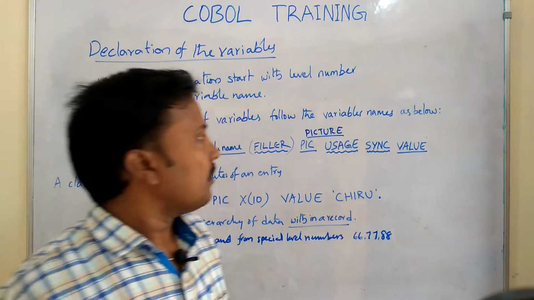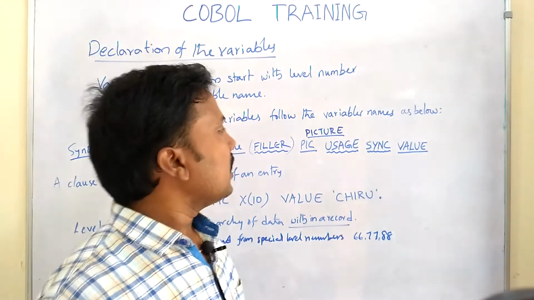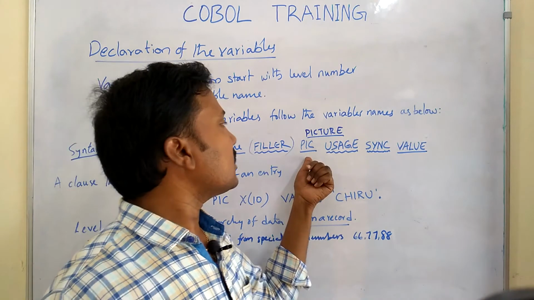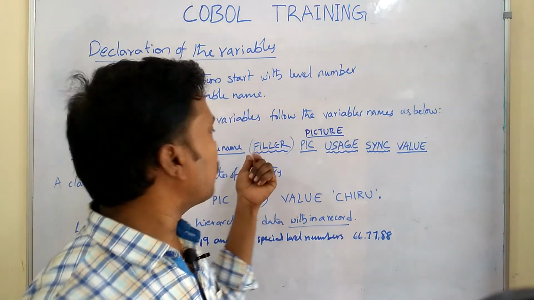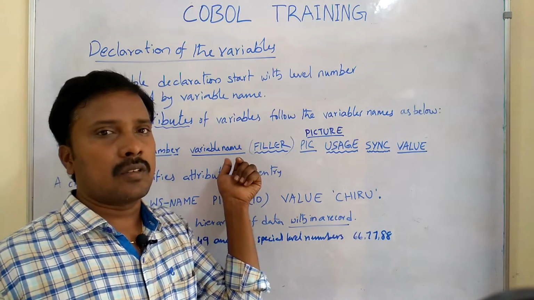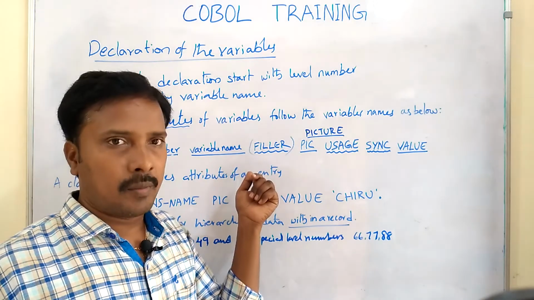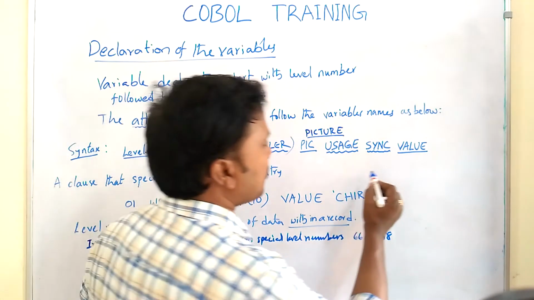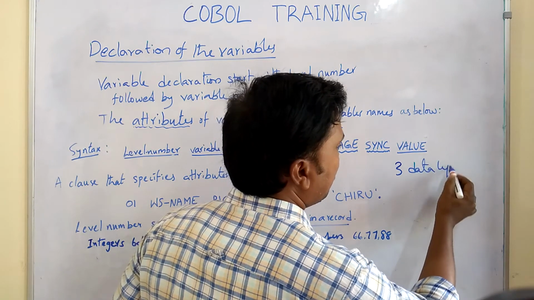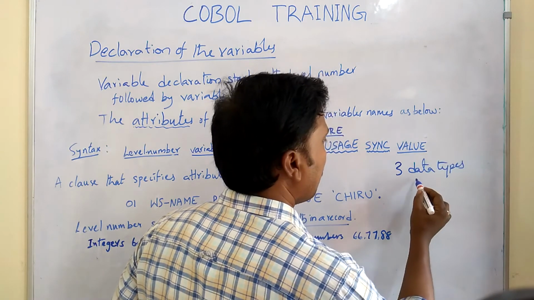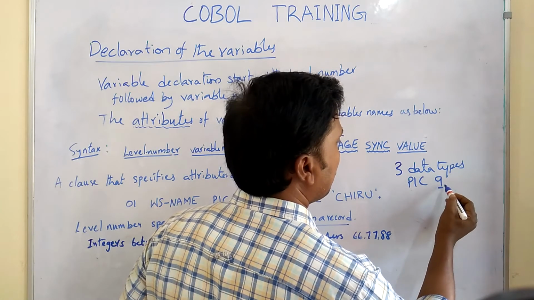Before this, we'll see the picture clause. This picture clause mentions what data type the variable is going to take as values: numerics, alphanumerics, and alphabets. We have three data types. In detail we will see later, just an overview here. If I say PIC 9, this is one.